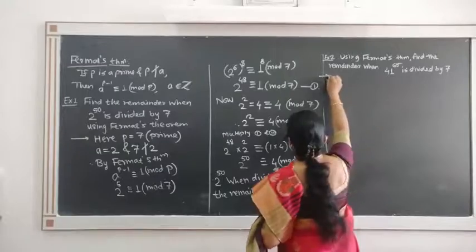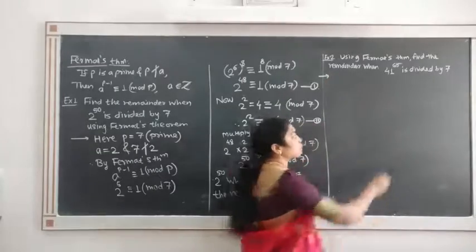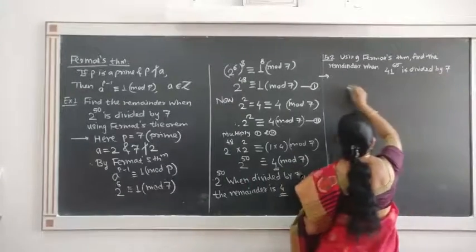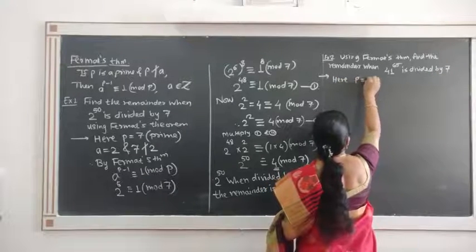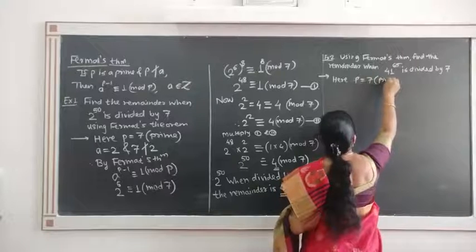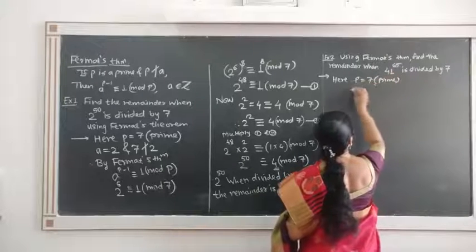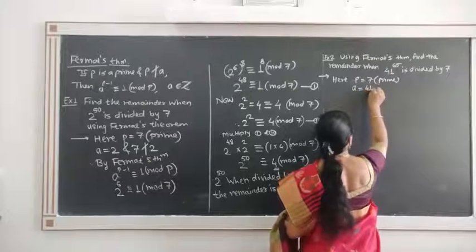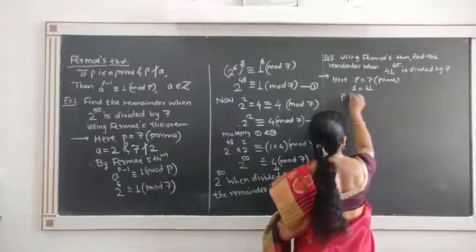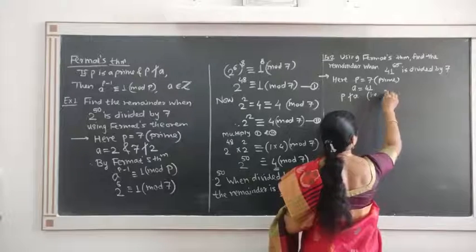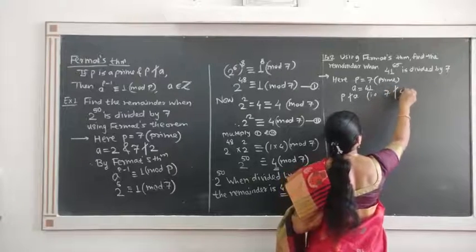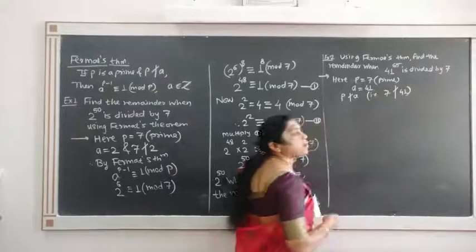So we want to use Fermat's theorem. What is the prime here? The prime is 7, so here P is equal to 7, which is prime. And A is nothing but 41. And P does not divide A, that is, 7 does not divide 41. So we can apply Fermat's theorem.